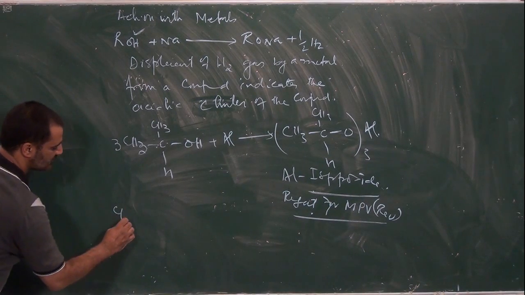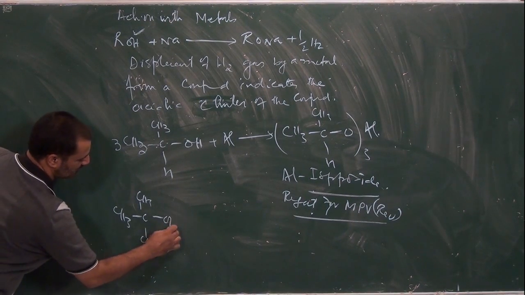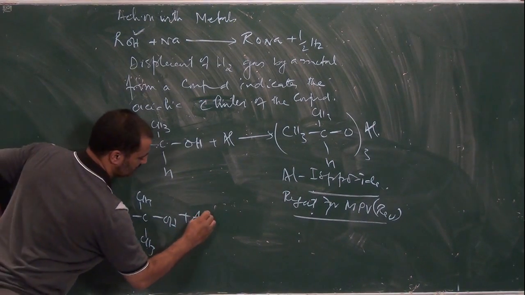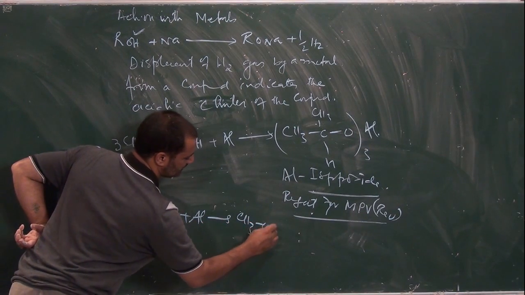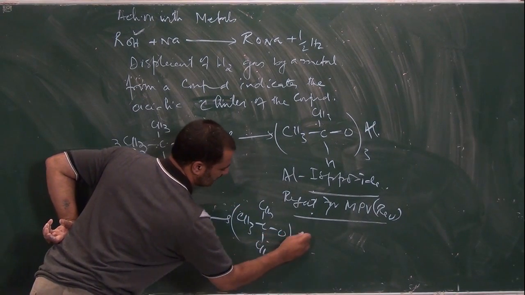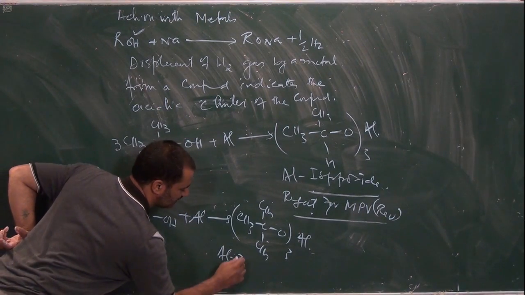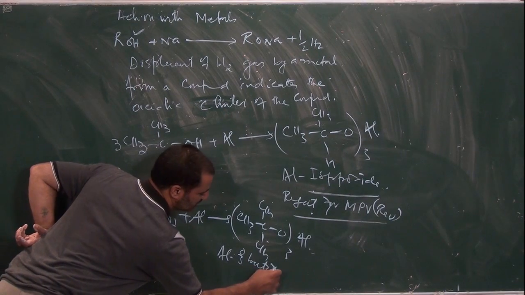One more: (CH3)3C OH, three times, plus aluminum gives ((CH3)3 C O)3 Al. It is aluminum tertiary butoxide.